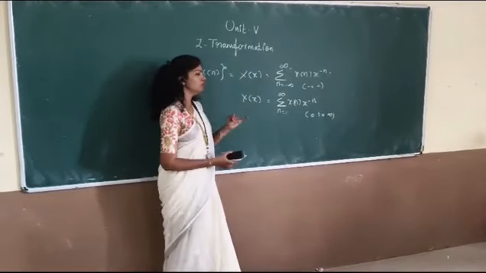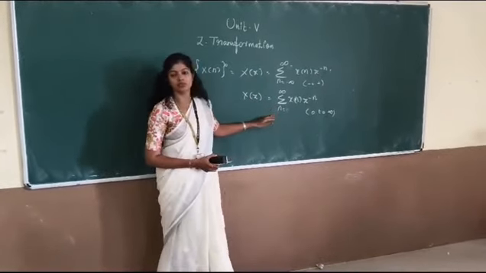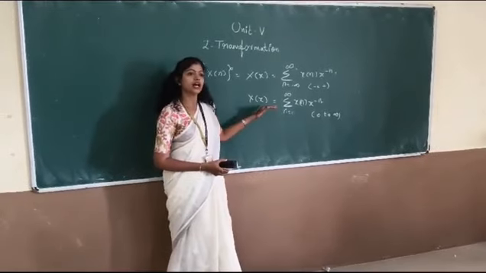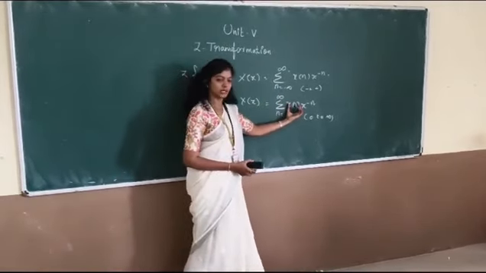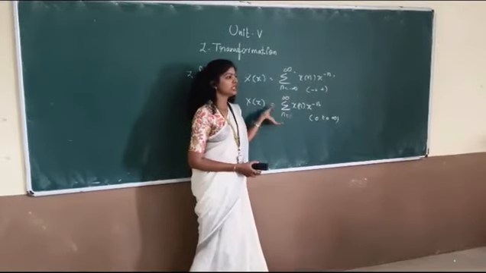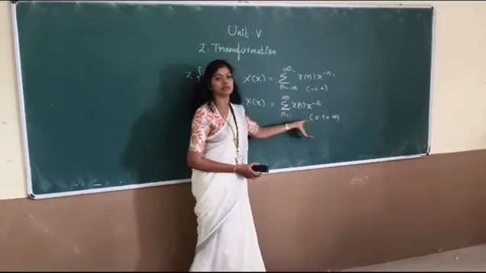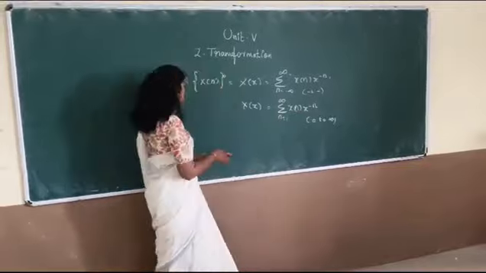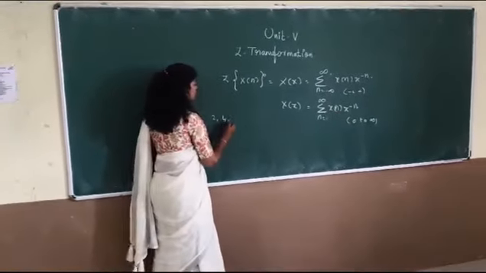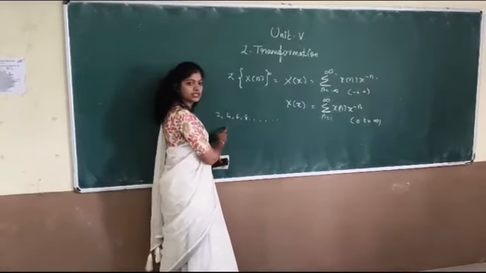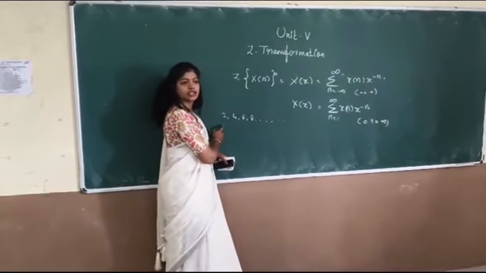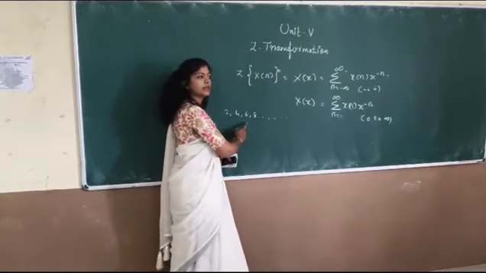Before going into this topic, we should know what a sequence and a series are. A sequence is nothing but a collection of numbers, for example 2, 4, 6, 8, etc. What order is this following? Increasing by 2.